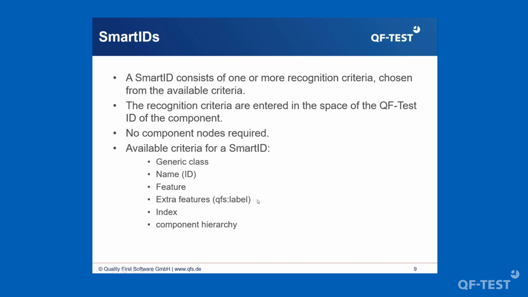But then you would have to tell QF-Test the name of the extra feature you're addressing as well. So you'd have to type a bit more. And then you can also use the index and also the component hierarchy, because you can use nested SmartIDs.